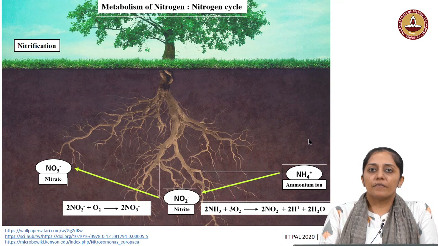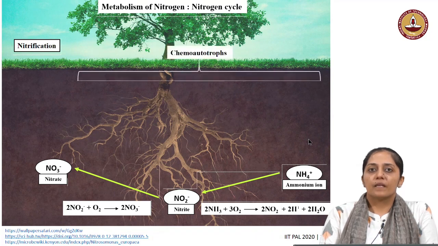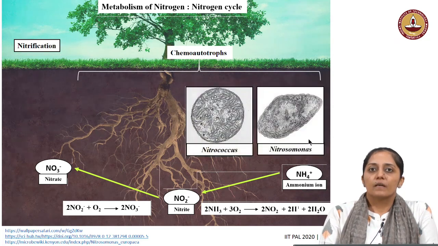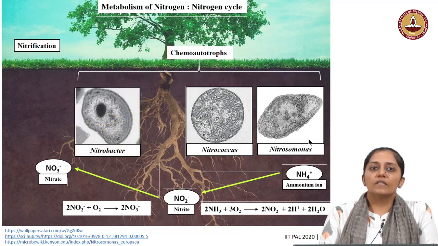In the process of nitrification, ammonium ion is converted to nitrite ions and further to nitrate ions with the help of microbes belonging to the class of chemoautotrophs, where conversion of ammonium ions to nitrite ions takes place, for example, by the species of Nitrosomonas or Nitrococcus, and further nitrite ions can be converted to nitrate by the Nitrobacter species.